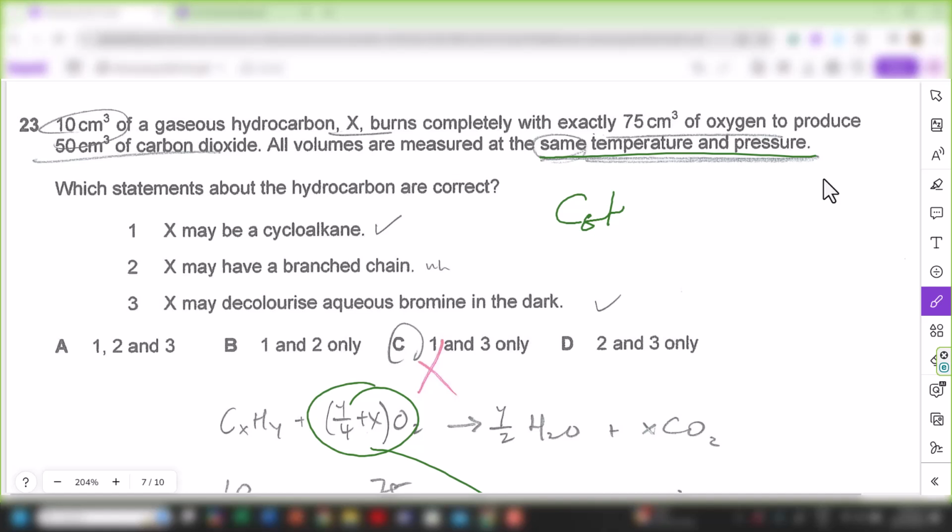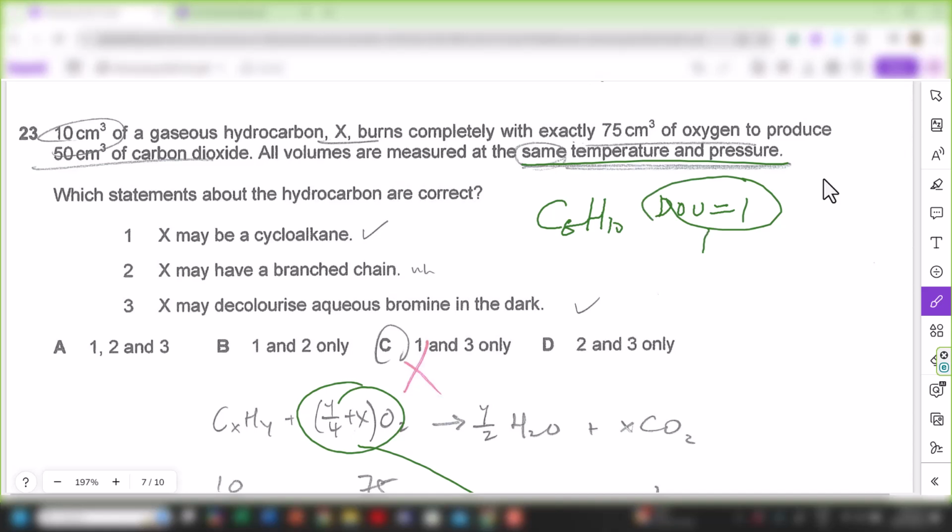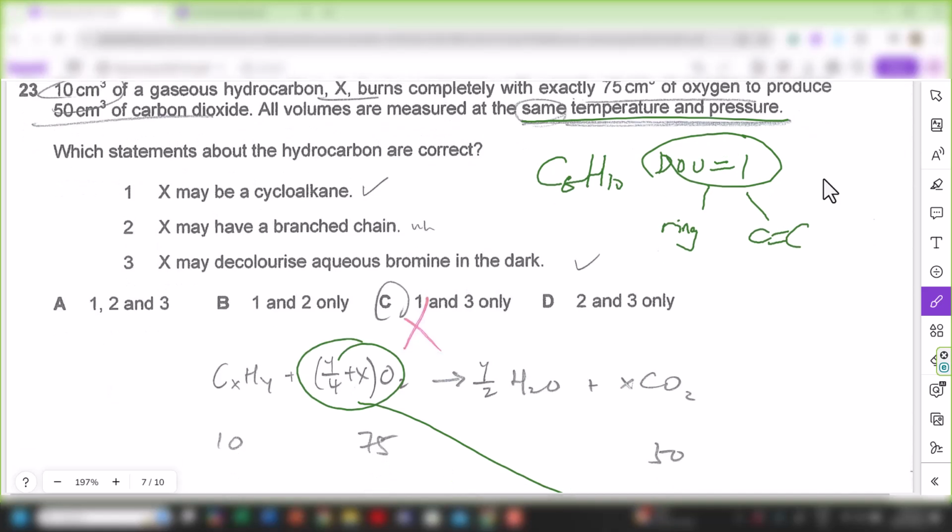The formula is C5H10. That gives it a degree of unsaturation of 1, or we can say it has 1 double bond equivalent, or that it has 2 fewer H's than the formula of an alkane. If it were an alkane, it would be C5H12, so 2H less. That could mean two things: either it exists as a ring, or there is a C=C double bond. So that makes option 1 correct, cyclopentane.